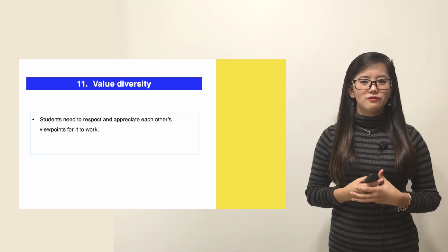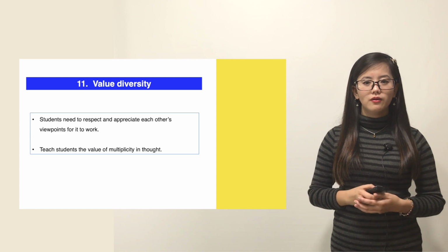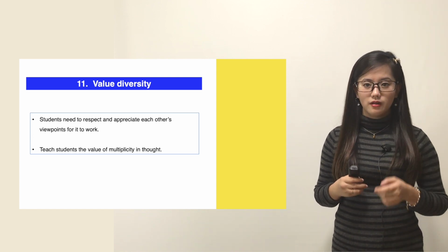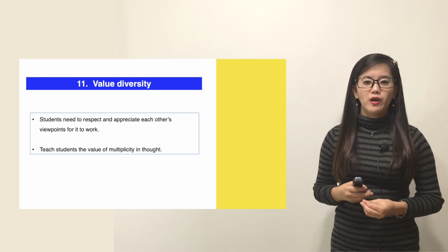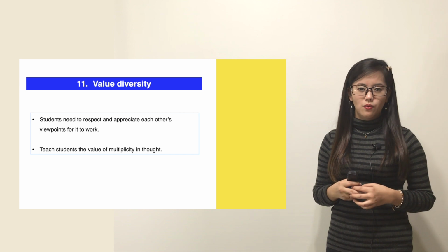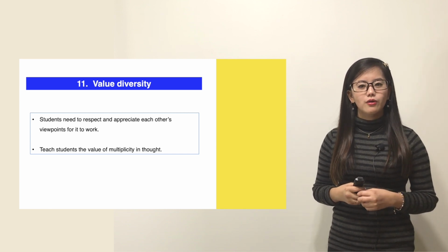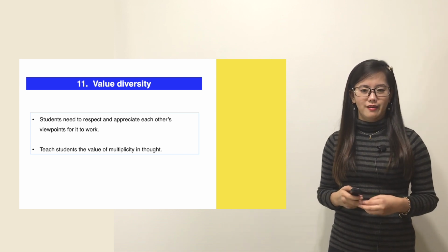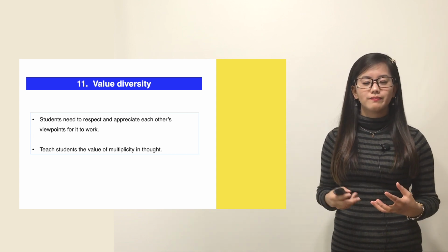Teach students to value multiplicity in thought. You may want to give historical or social examples where people working together were able to reach complex solutions. All right, so this is how we could value diversity.